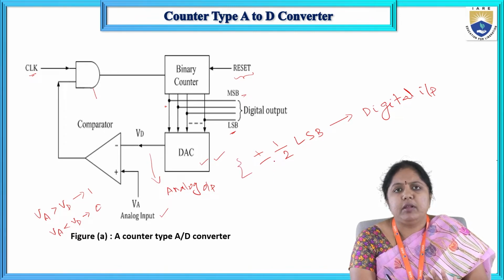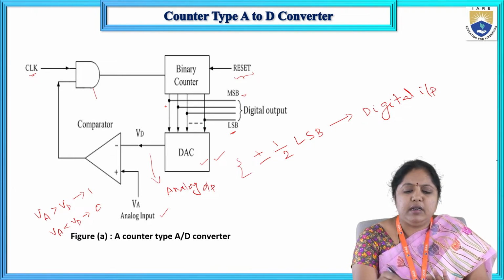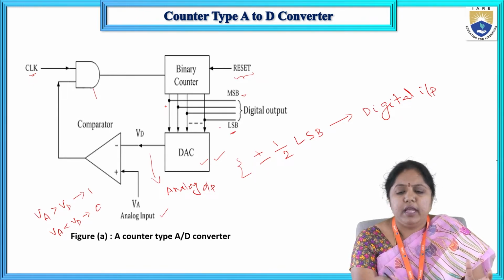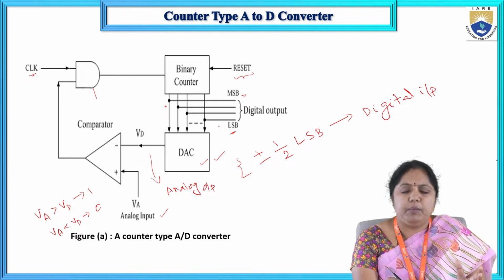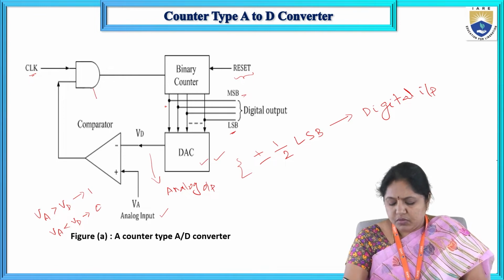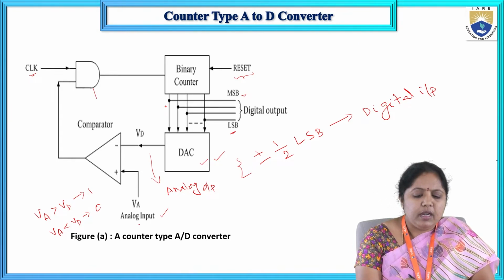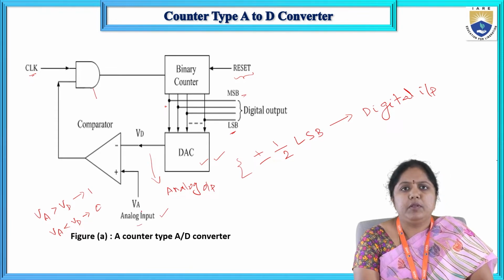To generate that output, by using some other external circuit, I need to set the equivalent digital input code word for the DAC circuit, which will generate an output value between plus or minus half LSB.